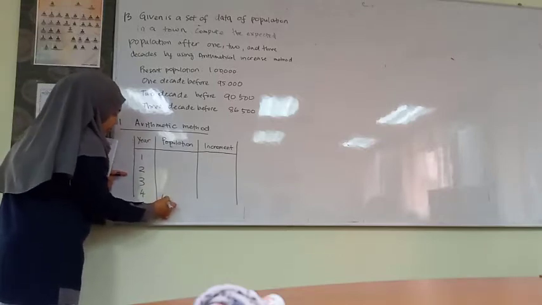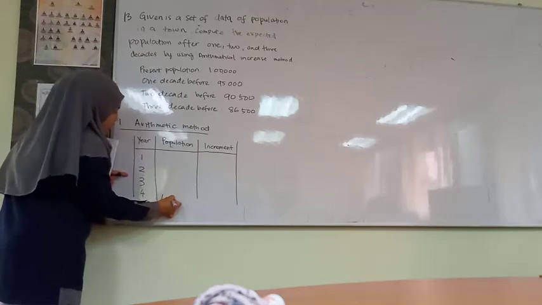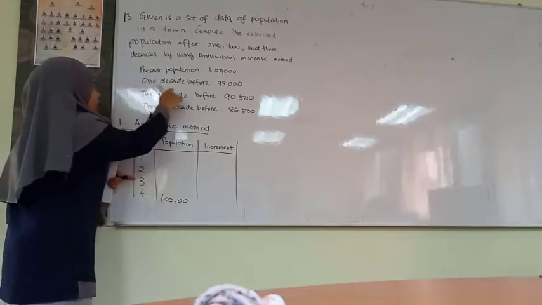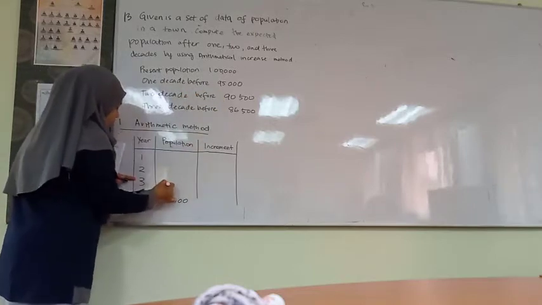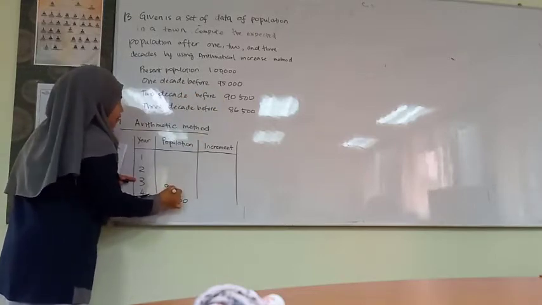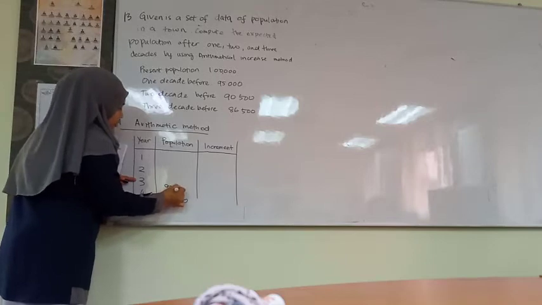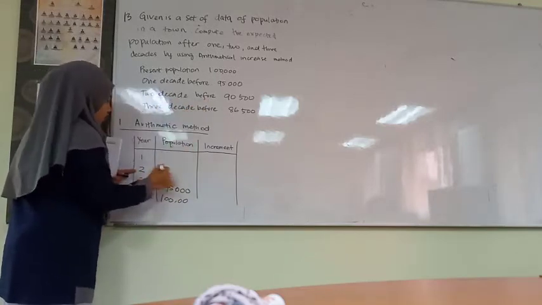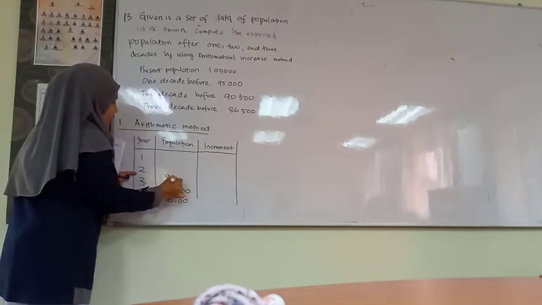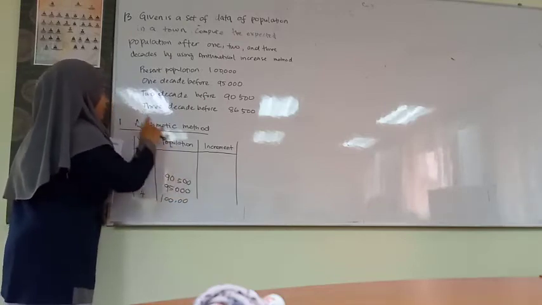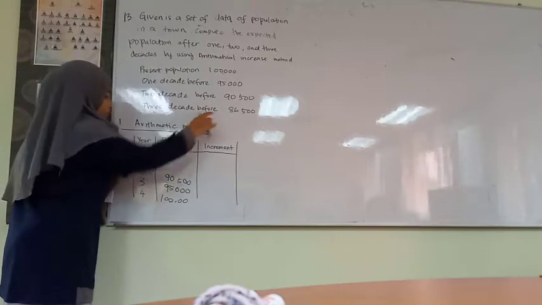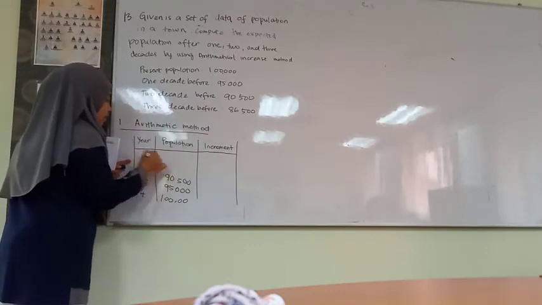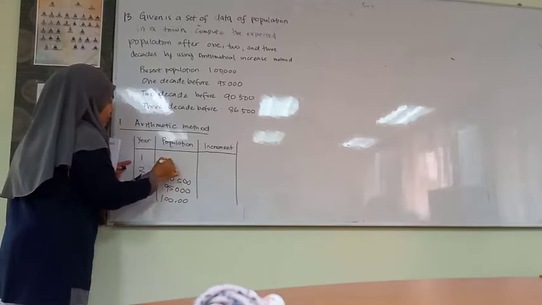So here it should be 100,000, and 1 decade before is 95,000. 2 decades before is 90,500, and the last is 3 decades before. That should be the first population for the first year.